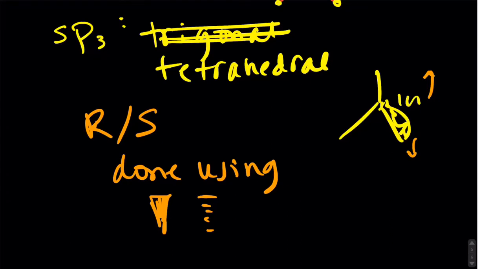Since it is flat in the plane, it could come basically from either side and form either the R or the S, pushing one of these bonds away from you, or towards you. So whenever we have that situation, we call that racemic, basically a mixture of the R and the S configurations. And we'll get more into the stereochemistry in a future video.